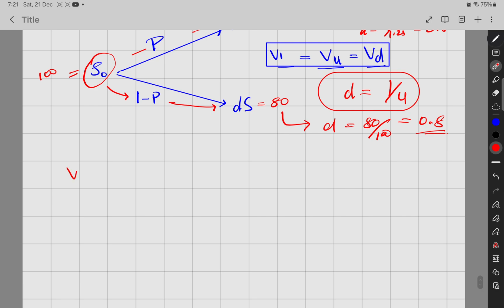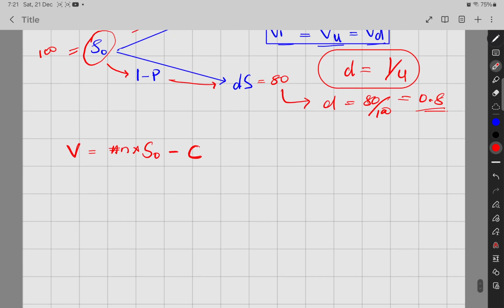So let's just say you create a portfolio V. The V portfolio has a certain number of stocks, hash n, at the value of stock price S0, and then you short certain calls, that is you write certain calls, so you earn a premium from these calls.